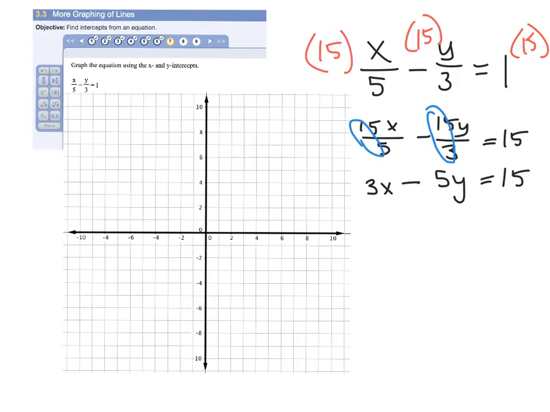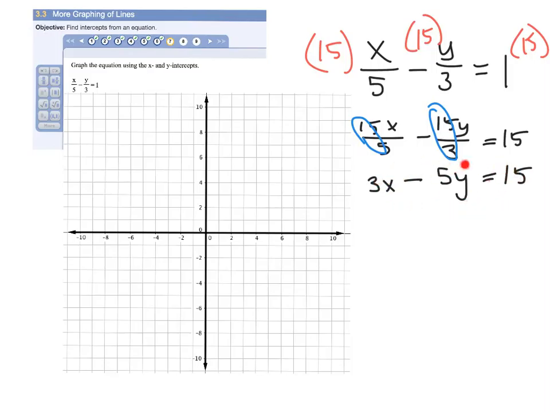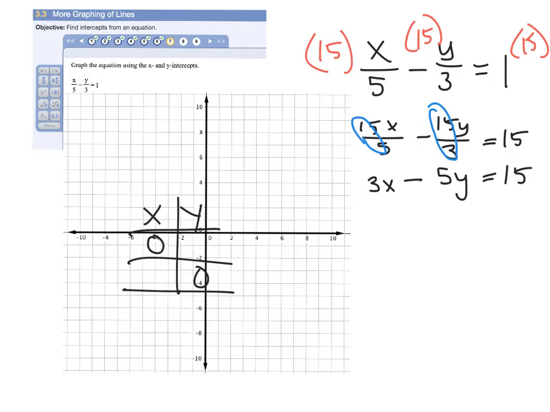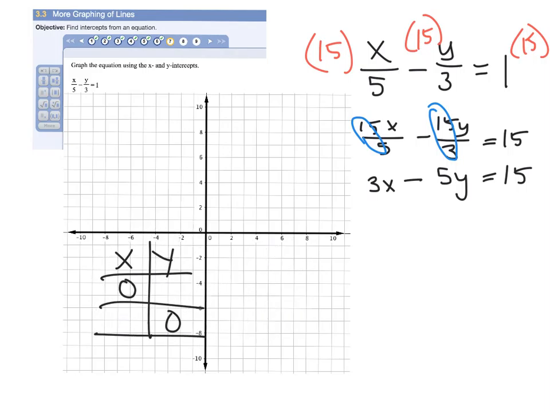So here is our new equation that we're going to be doing all of our information, that classic x, y table. All right, so x is going to be 0, then y is going to be 0. So they're each going to get their turn. I'm going to put that over here. So let's do first x equaling 0.